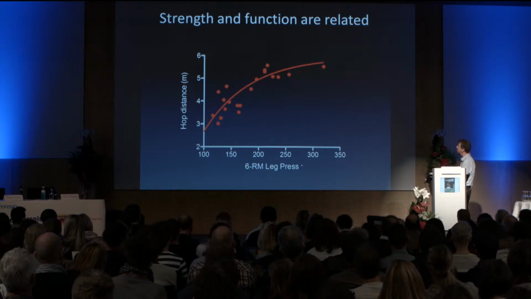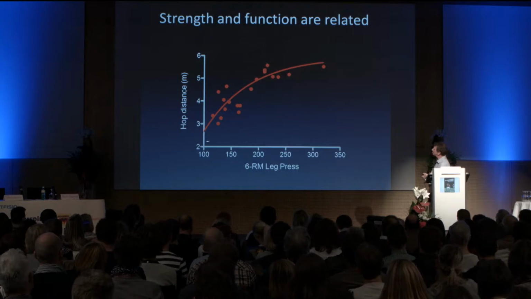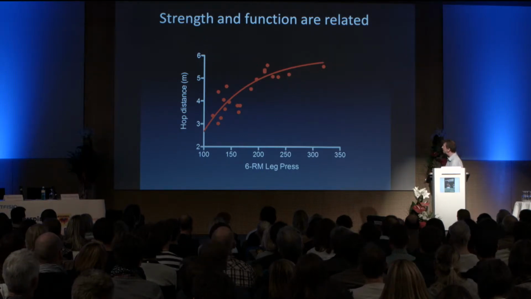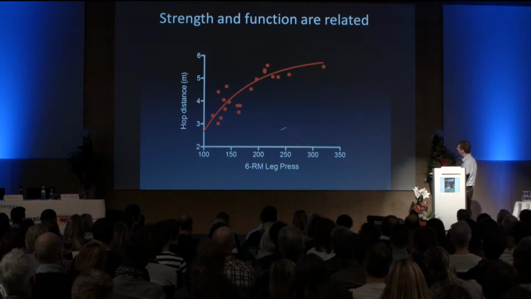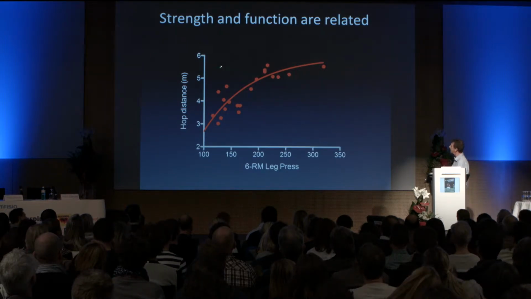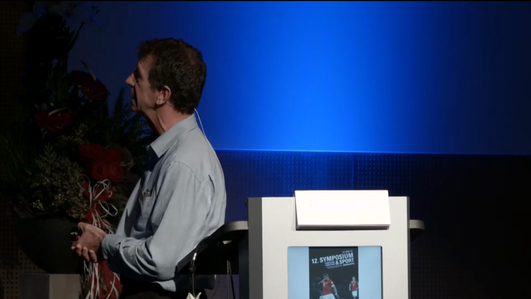So imagine somebody doing a leg press type exercise, and then imagine looking at their hop distance. And the relationship here is positive, as you see. The stronger the individual is, the further they're going to hop. And of course, in sports, that has the potential to be immensely important in regard to performance.